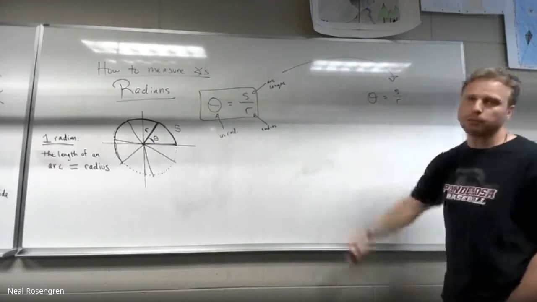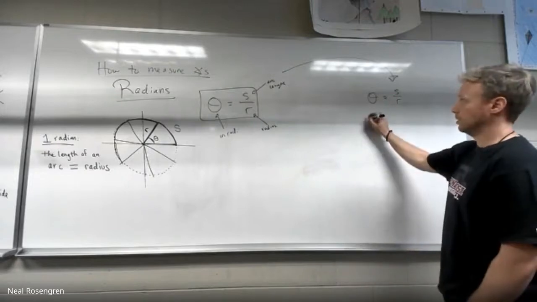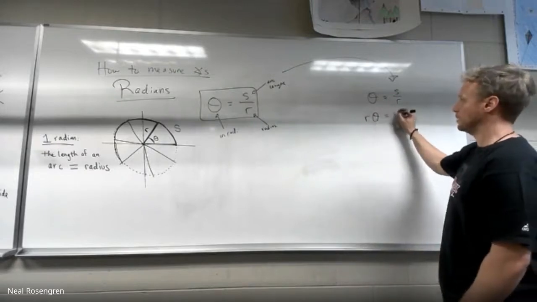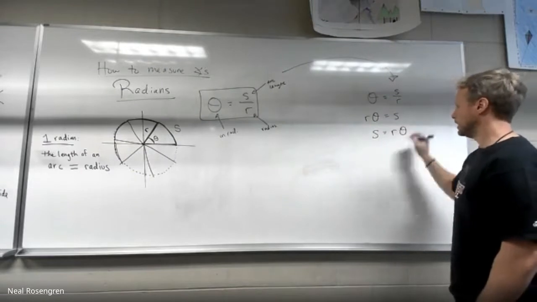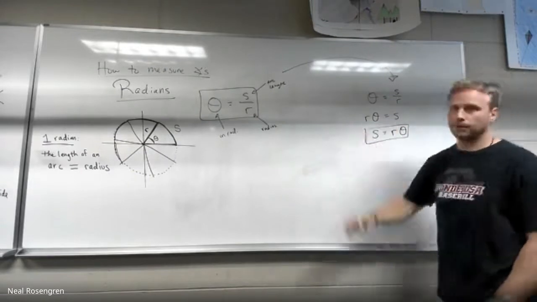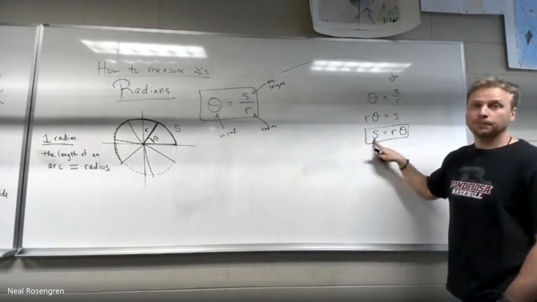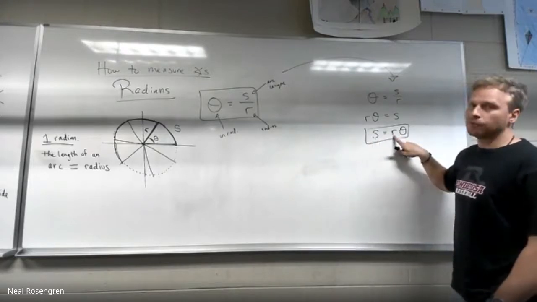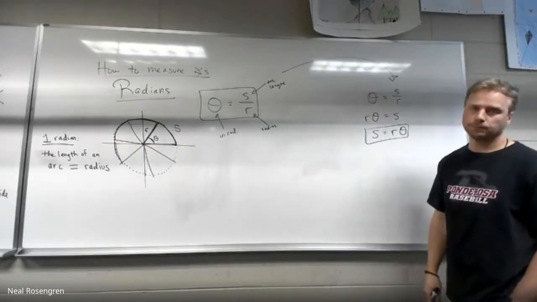What if I multiplied both sides by R? R theta equals S, or I'll just reorder it: S equals R theta. I now have a formula that can measure something curved by using the length of the radius and the size of the angle that I opened up to get there.